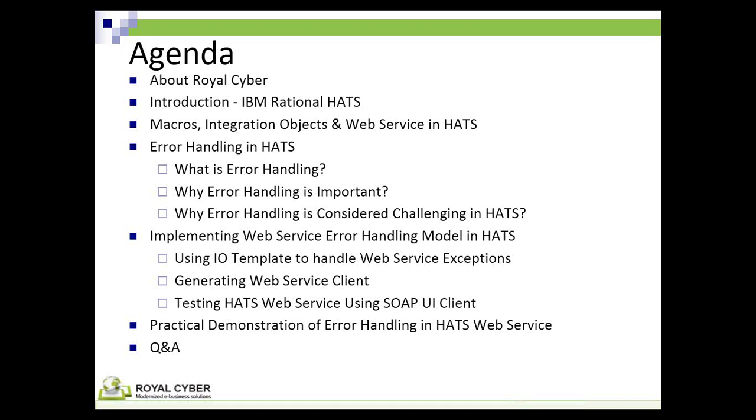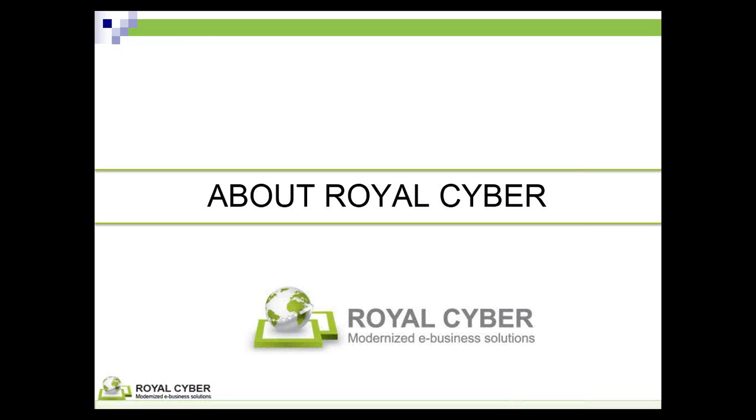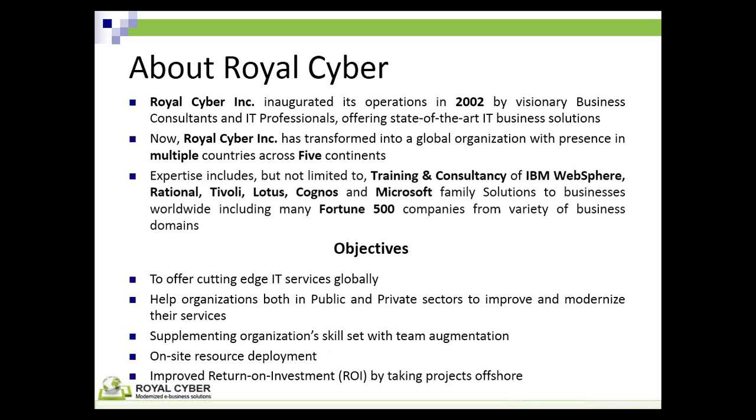So let us start with the brief introduction about us, that is Royal Cyber. Royal Cyber is a modernized e-business solution provider. We are IBM Premier Business Partners. We are also IBM Authorized Trainer, and furthermore, we are also Microsoft Certified Gold Partners.